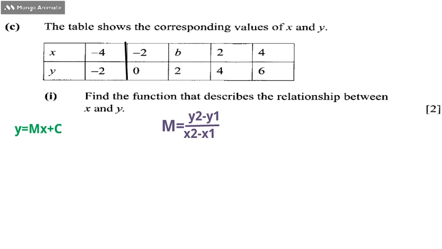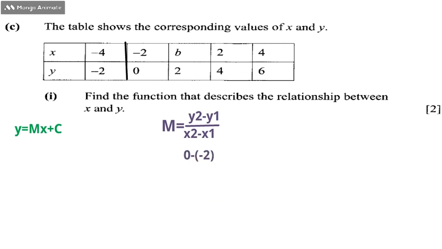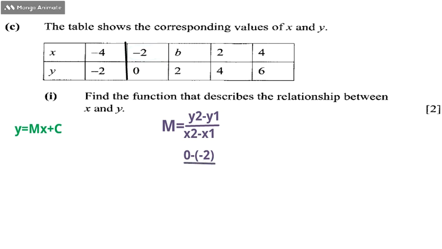Now I'm going to write the value of y2, which is in the second coordinates, which is 0. Then the value of y1 is negative 2. I hope you are able to see where I'm getting those numbers.